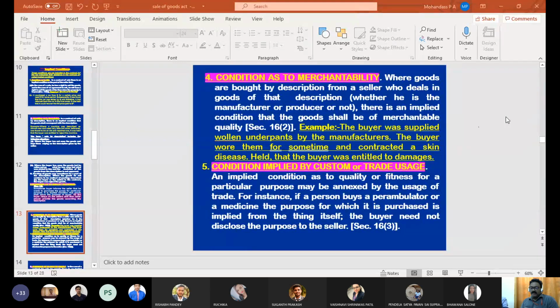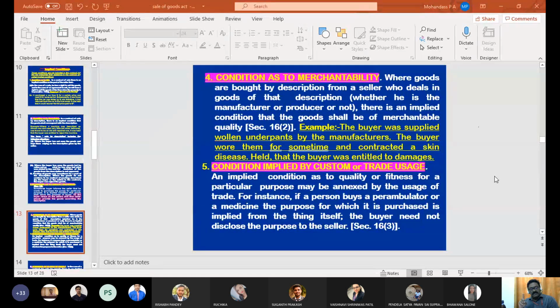If the manufacturer, for whatever reason, has manufactured it in such a way that the baby gets any kind of injury, then it is a violation of implied condition as to custom, trade, or usage, because the baby push cart is supposed to be manufactured by taking all precautionary measures to see that no harm happens to the baby.